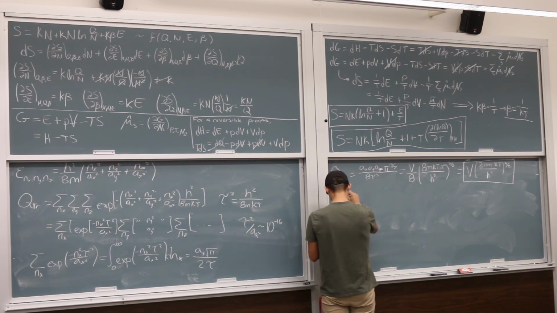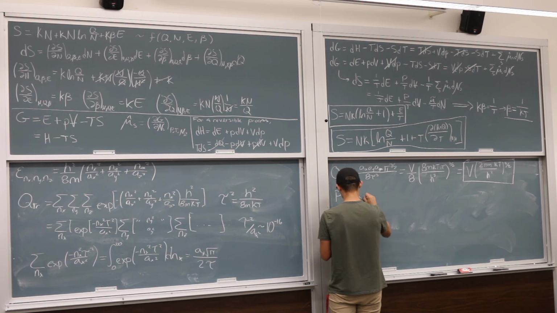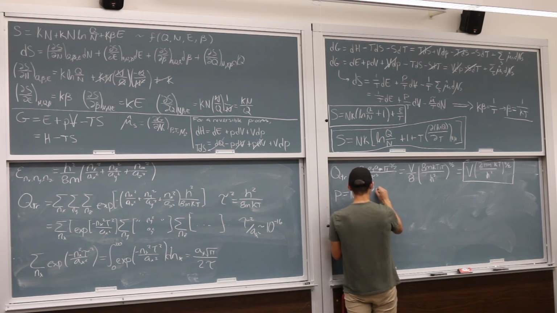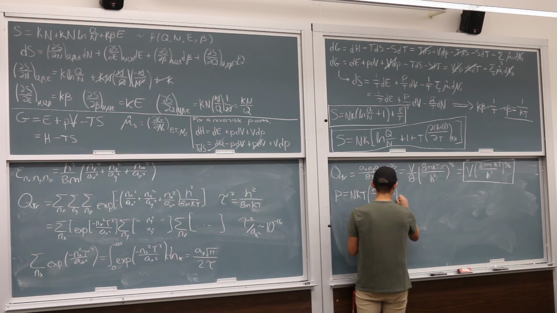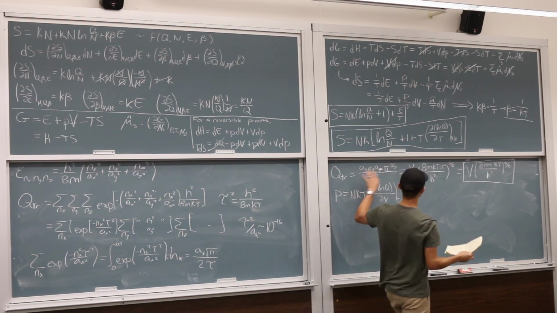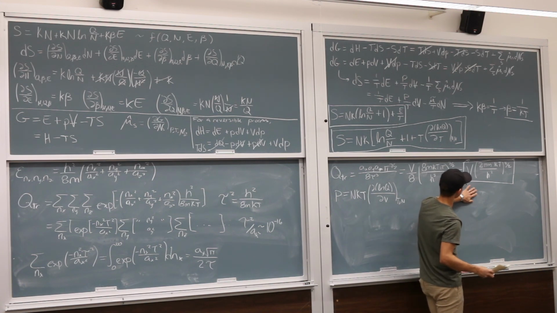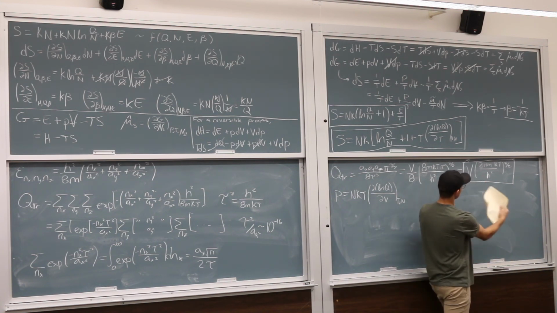So P is equal to N k T times the derivative of the natural log of Q with respect to V, holding T and N constant. If you take the natural log of this value, you can just split it up because it's a product.